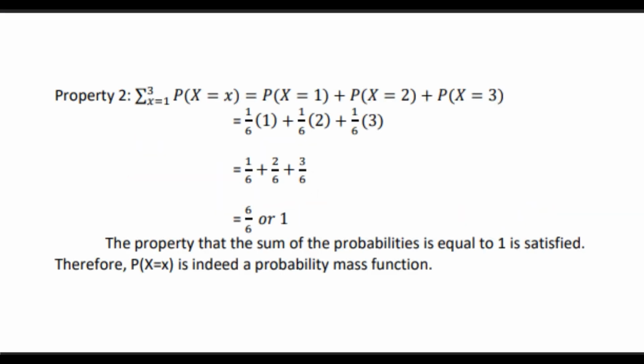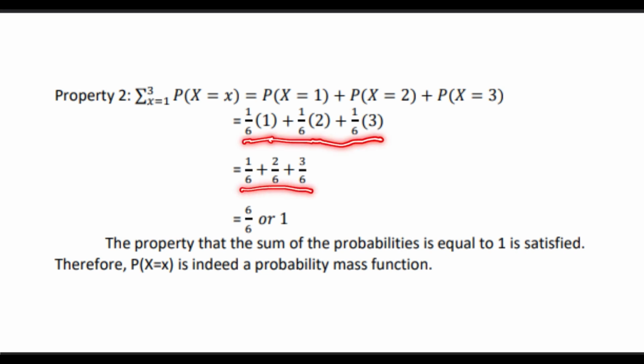Now, let's check property 2. By property 2, the summation of the probability of X equal to x, as x goes from 1 up to 3, is equal to the probability of X equal to 1 plus the probability of X equal to 2 plus the probability of X equal to 3. That is equal to 1/6 times 1 plus 1/6 times 2 plus 1/6 times 3.